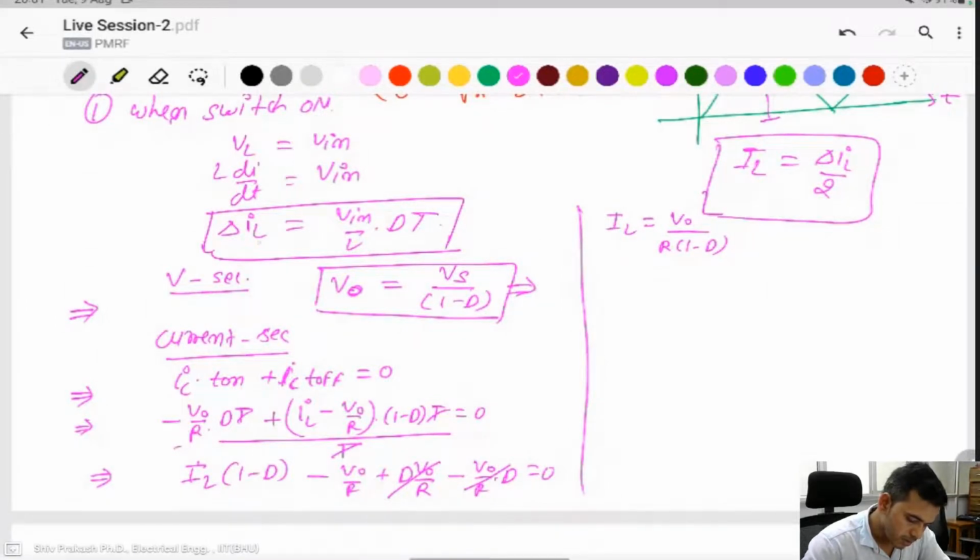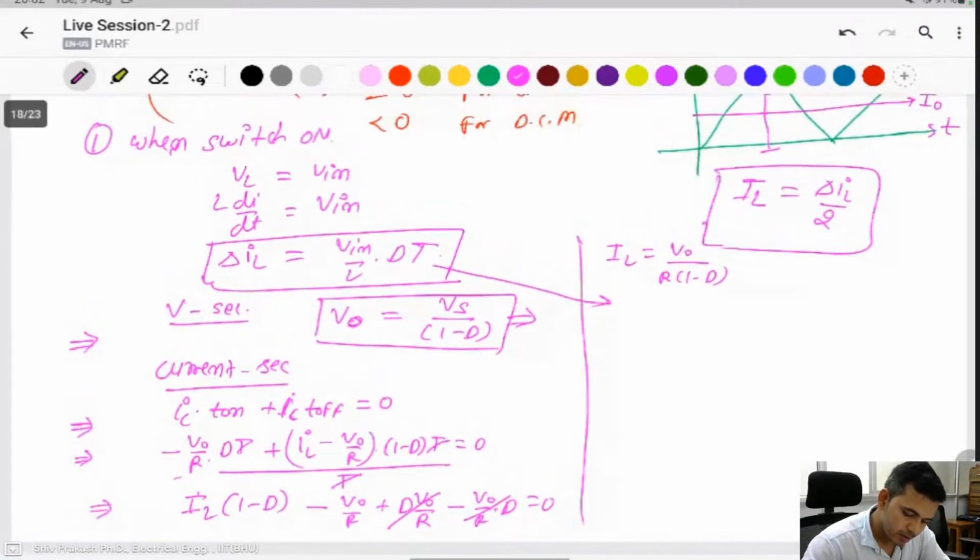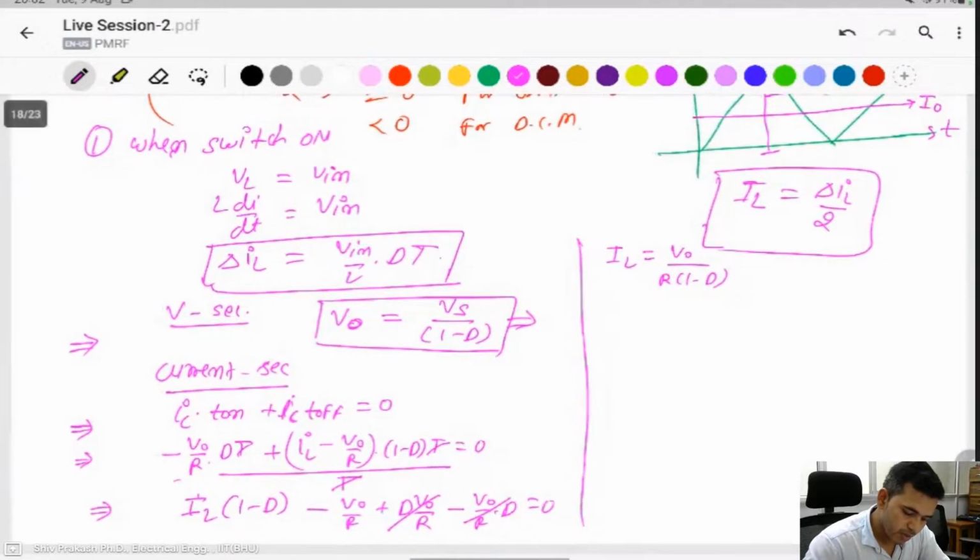It means we put here, sorry, put here IL is equal to this from this equation. At critical condition IL is equal to delta IL divided by 2, and IL is equal to V naught divided by R into 1 minus D. Delta IL put here into dt.